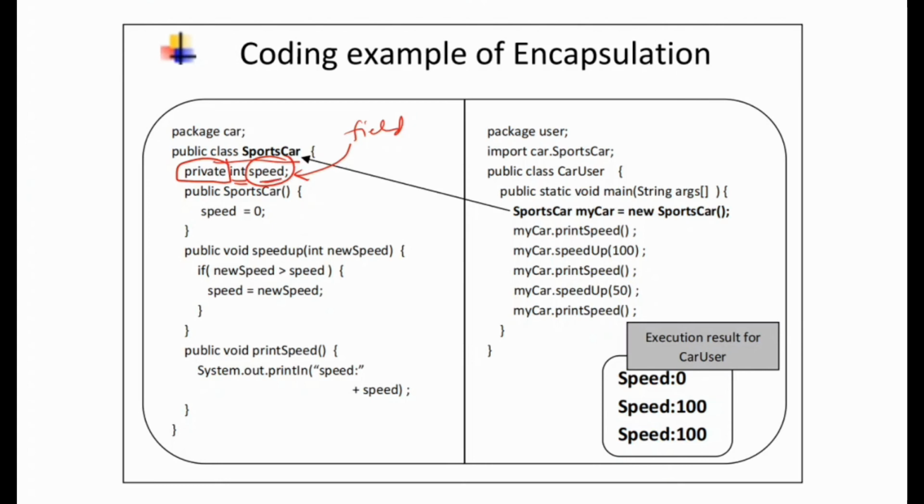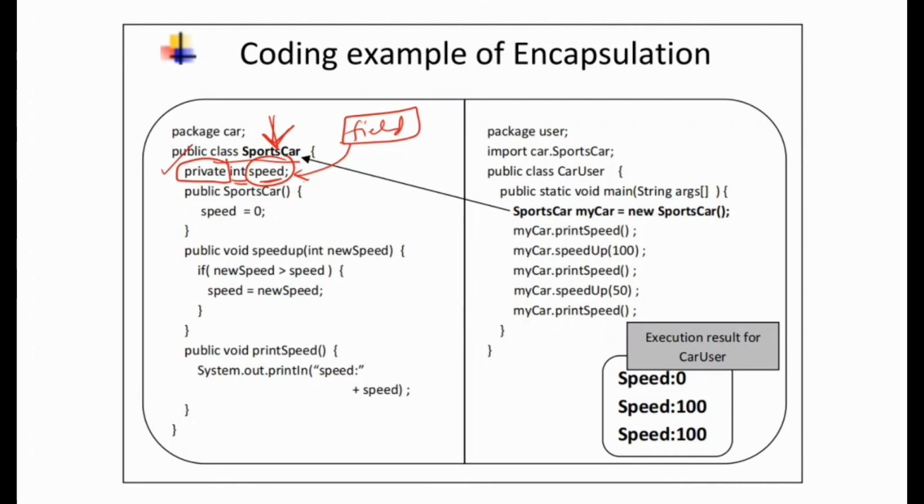And so speed is hidden in other classes, even classes inside the same package. The visibility of speed is only within this Java class sports car. Only the methods inside this class have access to speed. Outside of this class, speed is not accessible because it is set to private.